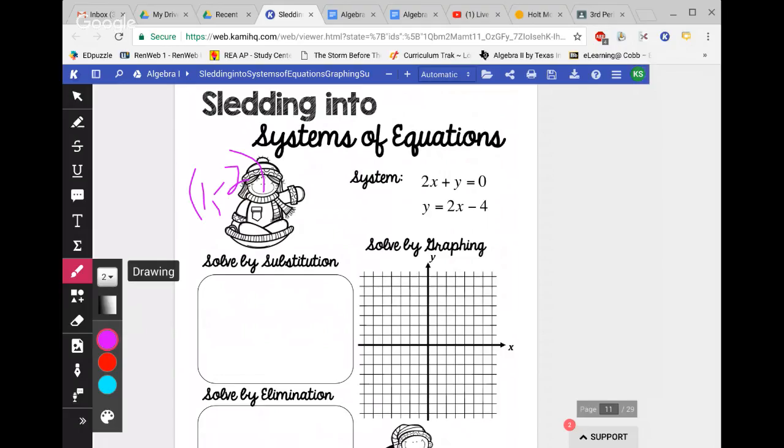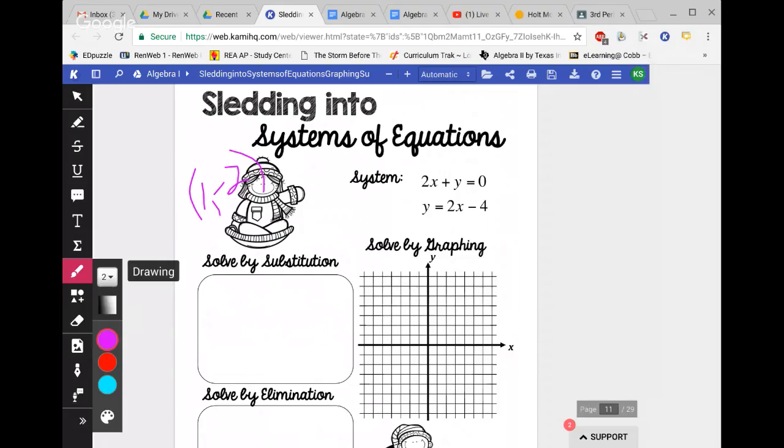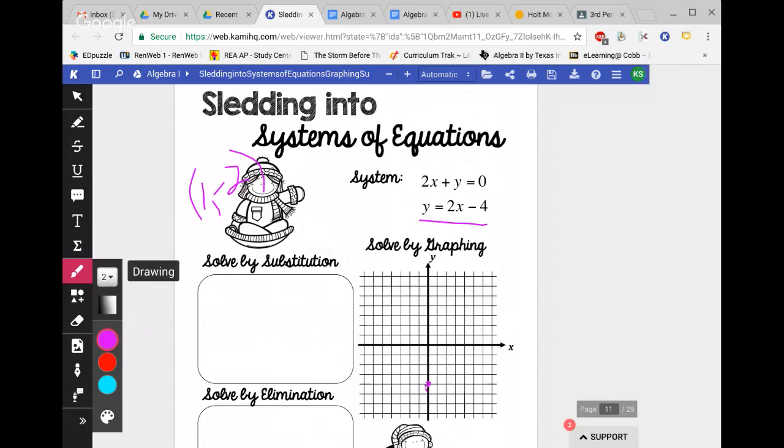All right. Do you want to graph next or do elimination next? I can graph. Okay. Let's graph the one that's already in mx plus b format. What's the y-intercept on that one? -4. Yes, ma'am, 1, 2, 3, 4. What's the slope? 2. So I would go up 2 and right 1, my positive directions.